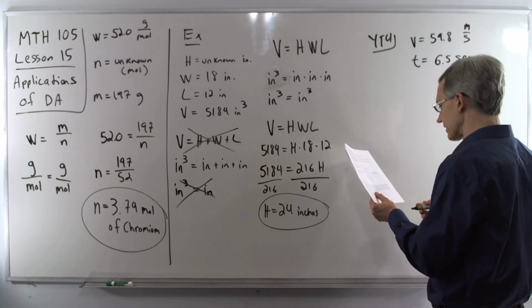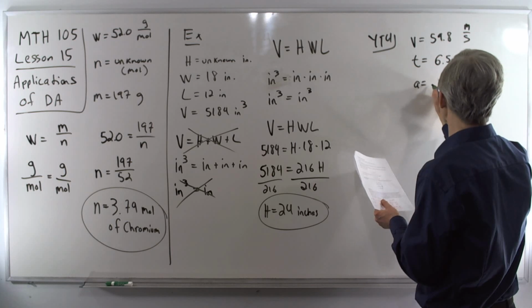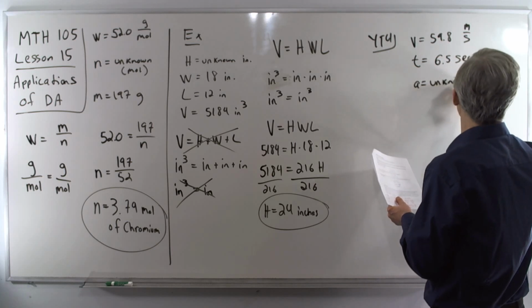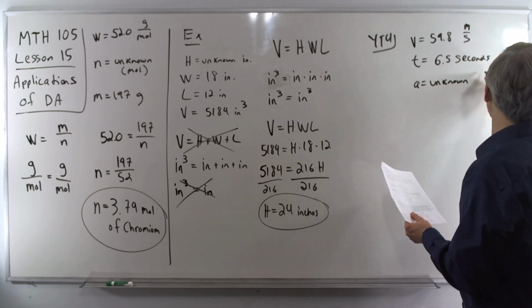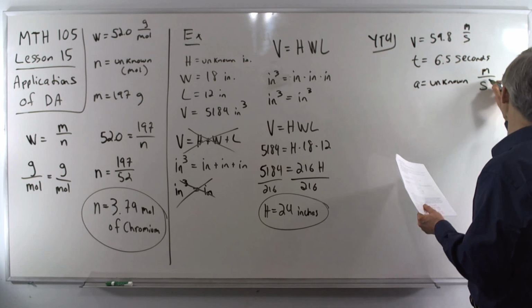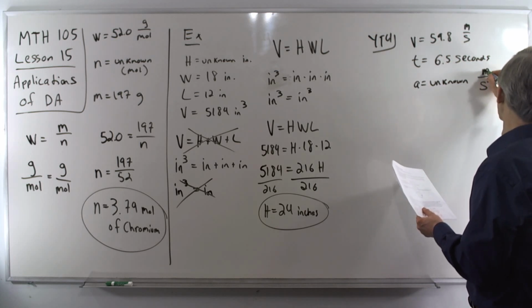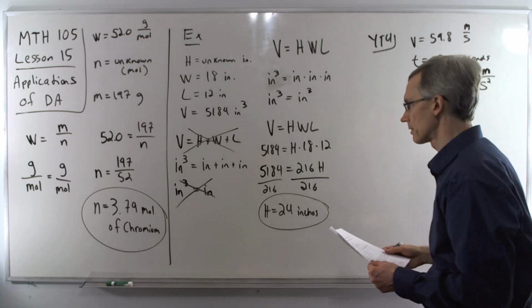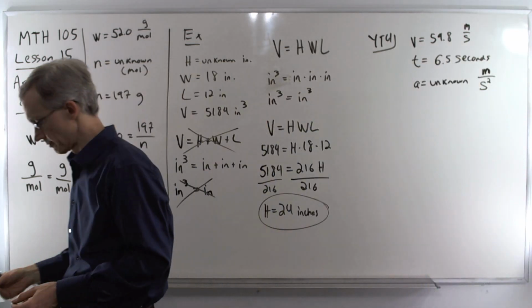And we are going to find the acceleration. The acceleration is unknown, but we know the units are meters over seconds to the second power. All right, so set up an equation for that situation.